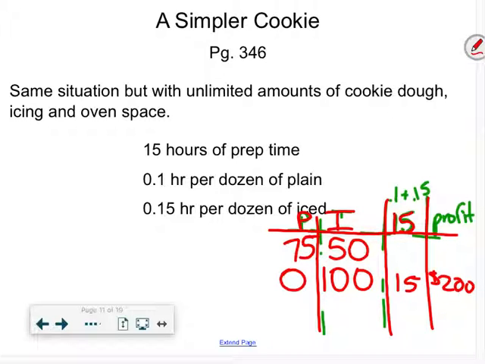Jacob, what was your profit here? You had 75. $212.50. So that's a new high, $212.50, and that maximized time. Do we have anything bigger than 212? Ryan? $225. Anyone have anything bigger than 225?